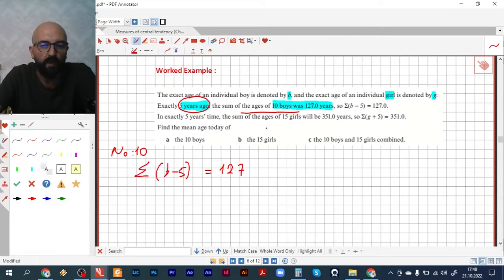And the other one for girls, the number of girls are 15, and exactly 5 years time their age, the sum of their age 351. So the number of G plus 5, because they tell us 5 years time, and it becomes 351.